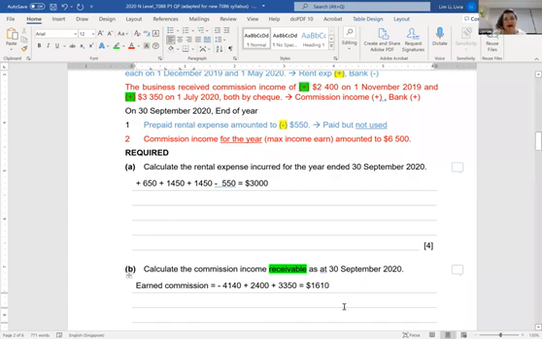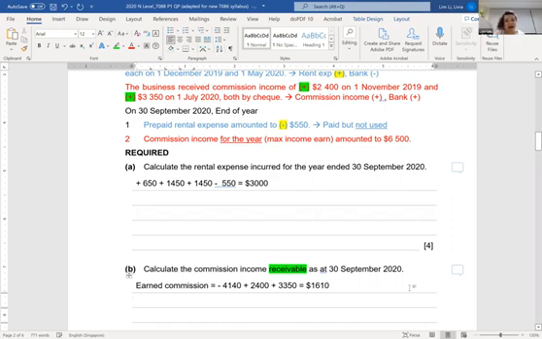At this point in time, I have recorded my earned commission. The commission that I have recorded is 1610. That is what I have recorded.